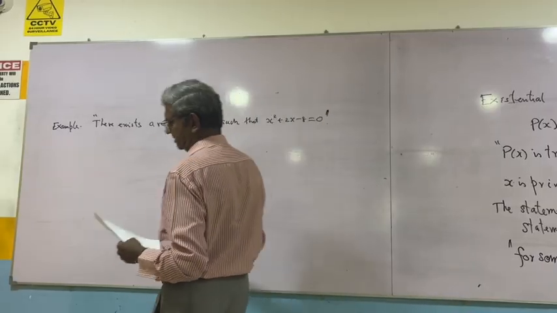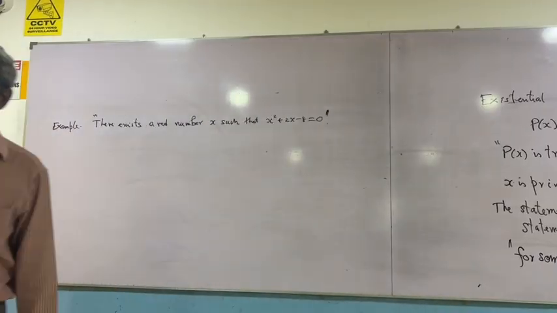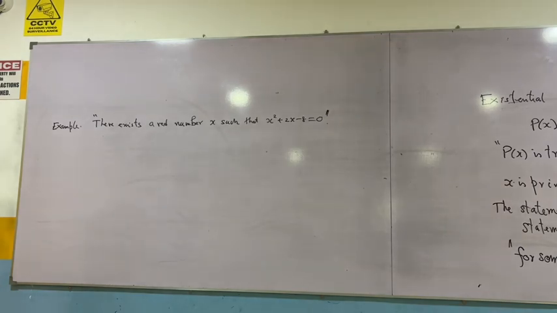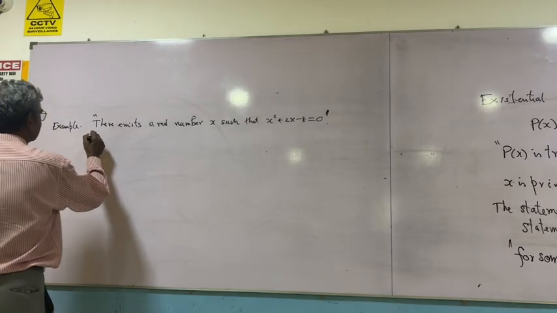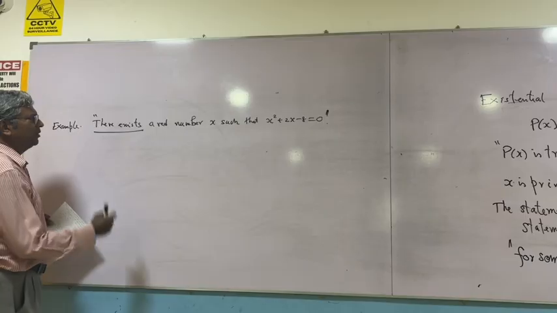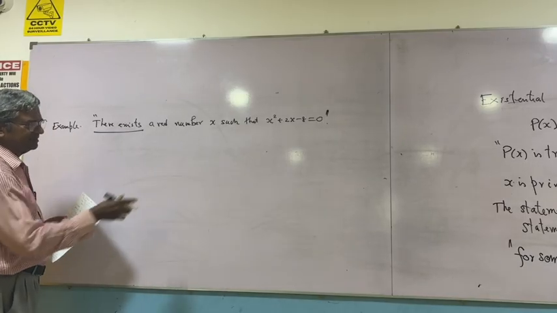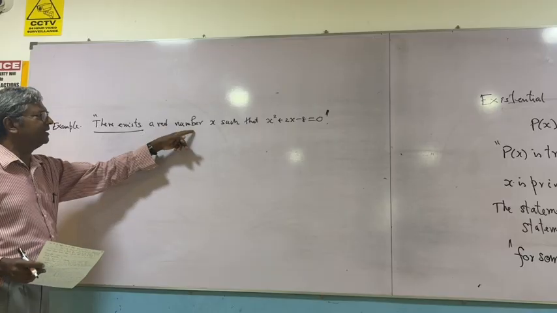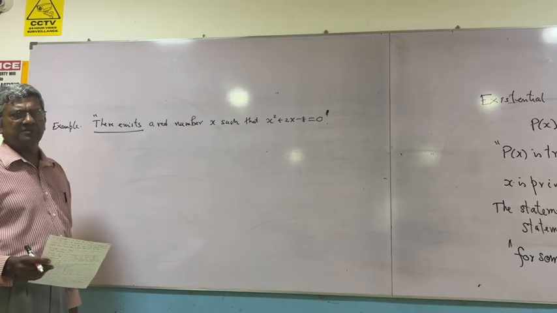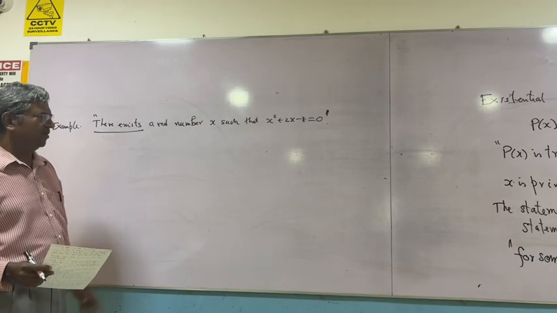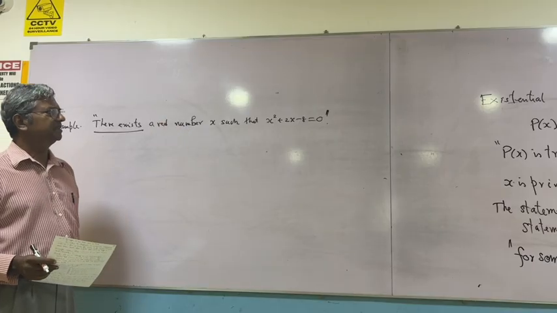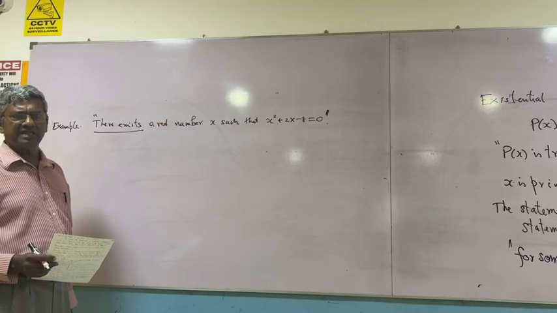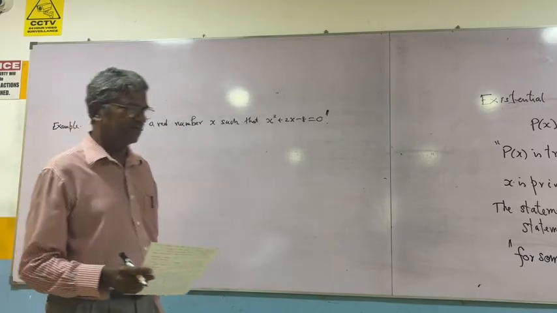So this is an existential statement, because you have there exists. If you want, you can rewrite this using for some or at least one: for some real number x, x squared plus 2x minus 8 is 0. You can write in either way.